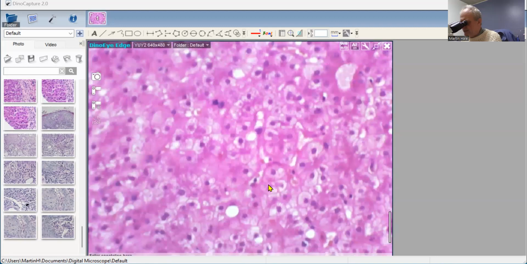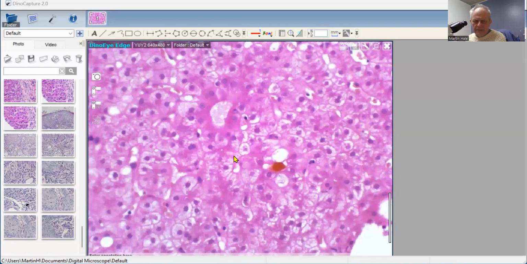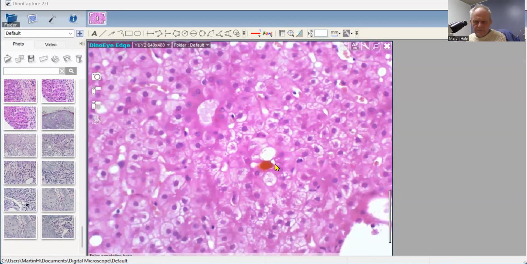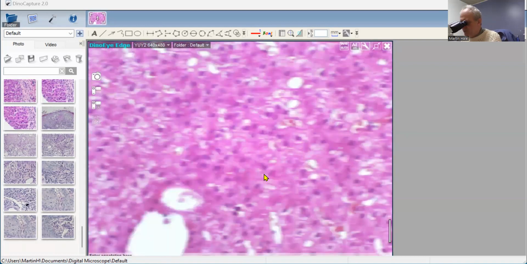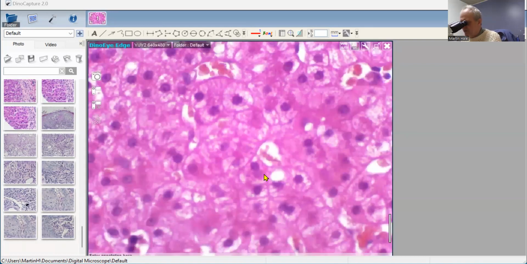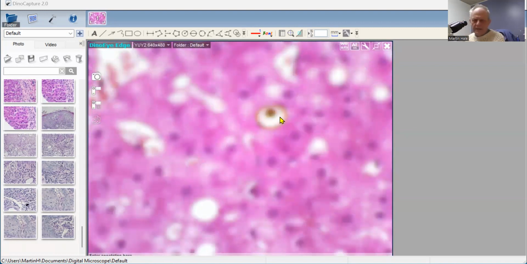But what is apparent, in fact, is this here. And you can see that we've got multiple canaliculi. This is one canaliculus here, which has got quite a significant bile plug in it. And then we've got another canaliculus over here with another bile plug in it.